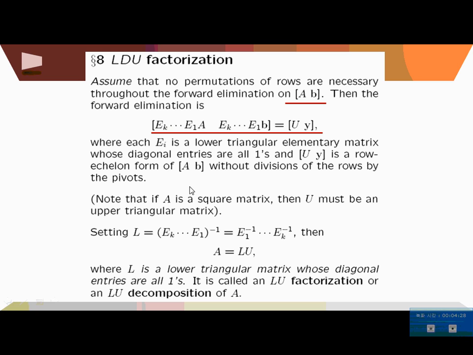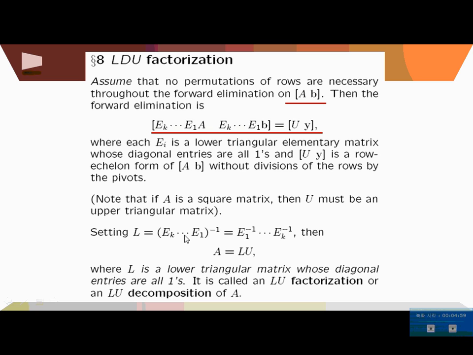If we analyze these elementary matrices, suppose there was no need of permutations of rows throughout the forward elimination on this matrix, then the product of elementary matrices is actually a lower triangular matrix. And the inverse of that is also a lower triangular matrix, which can be written in this way.